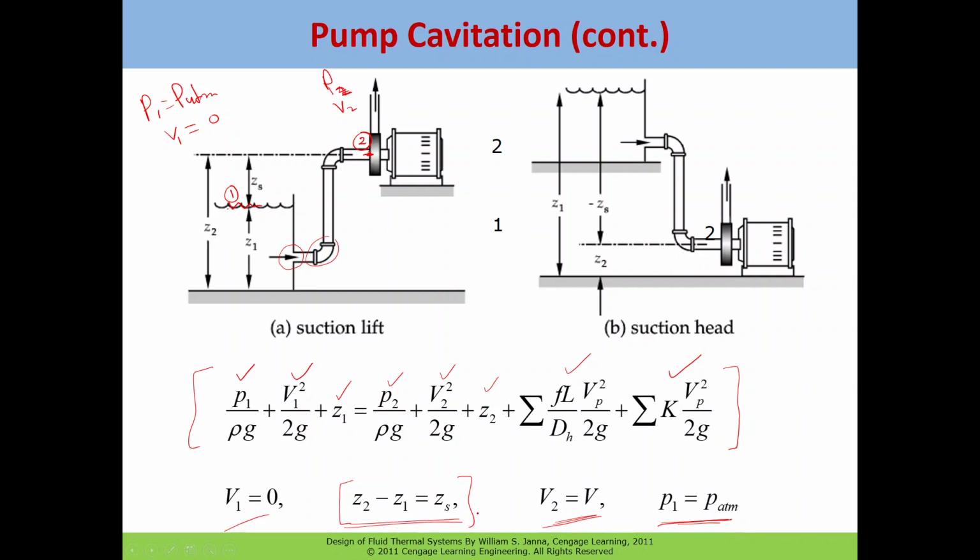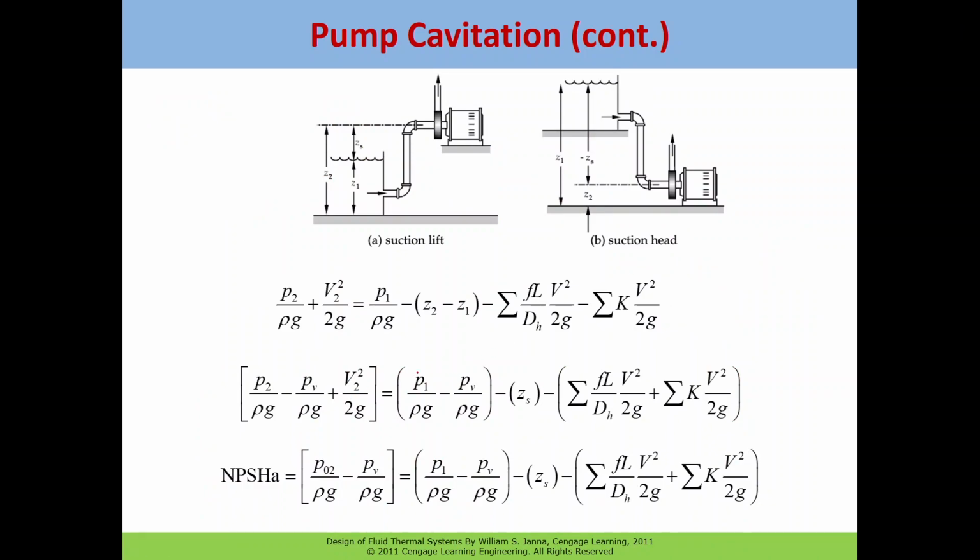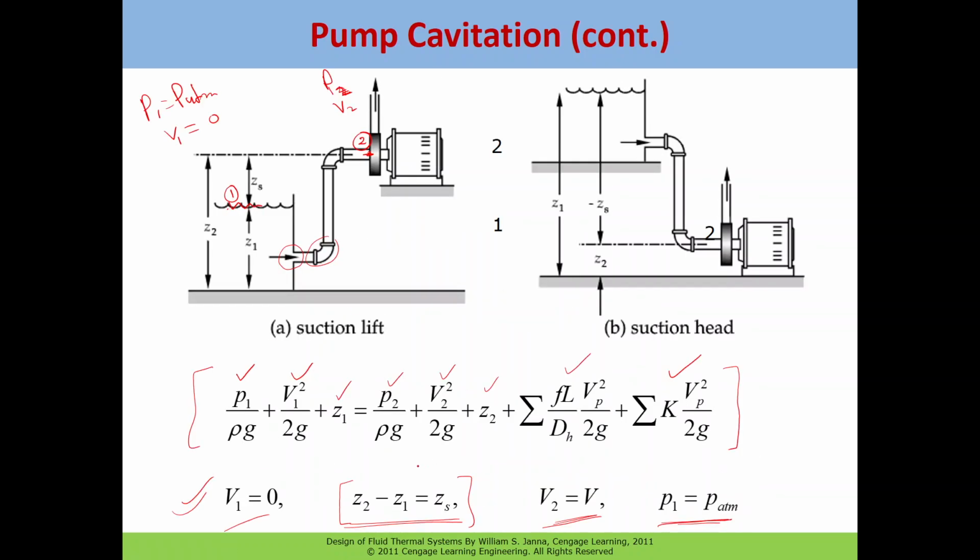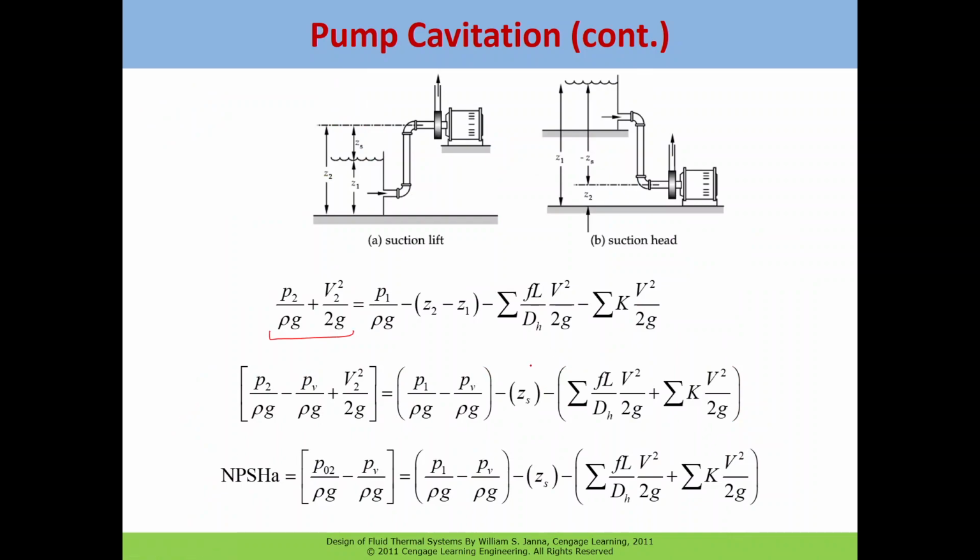When we substitute these values into the modified equation, it can be reduced to this, with these two quantities. So basically you just keep these two quantities on one side and take all other quantities on the other side.